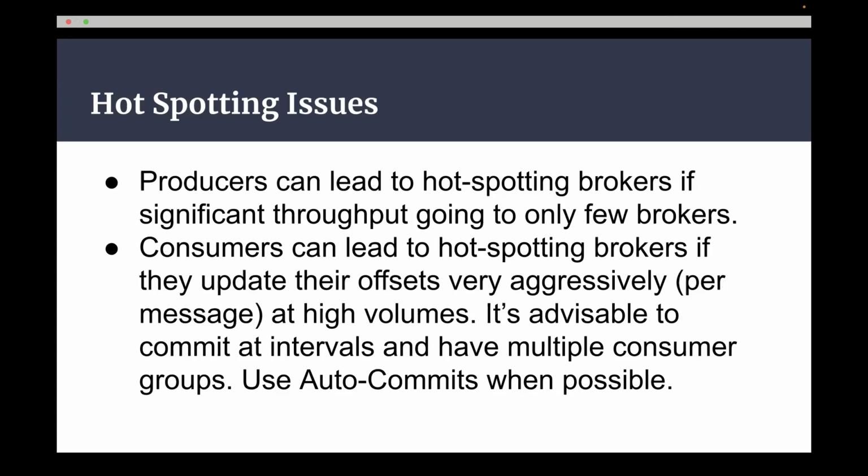Now, the problem with manual commits is, if you commit every message and your scale is higher, then you are issuing too many commit requests. Also, Kafka behind the scenes maintains a dedicated topic, called consumer offsets. If you look at your system topics, you'll see __consumer_offsets, a topic like this. And one of the partitions of that topic will be responsible for your topic offsets.